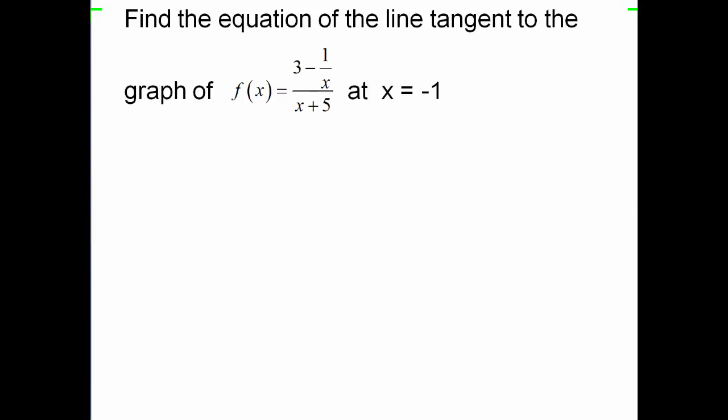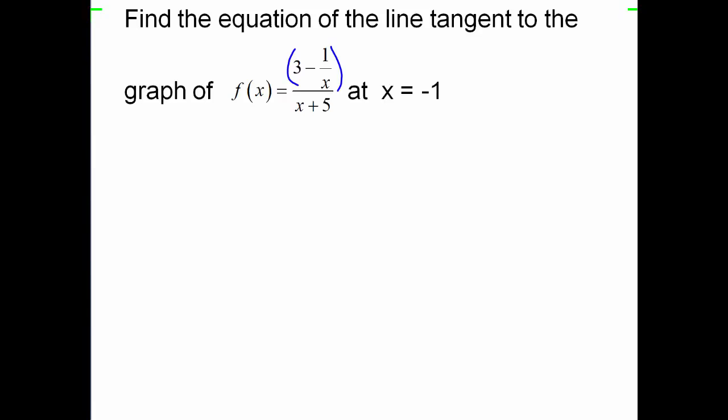Okay, so let's work it out and see what happens. Now, first of all, you don't want to take this and put it into the quotient rule because the numerator is a fraction in itself, so that's really not nice. So what you want to do is simplify this and make it easier for you. So what we're going to do is we don't want this to be a fraction, so what makes sense to do?